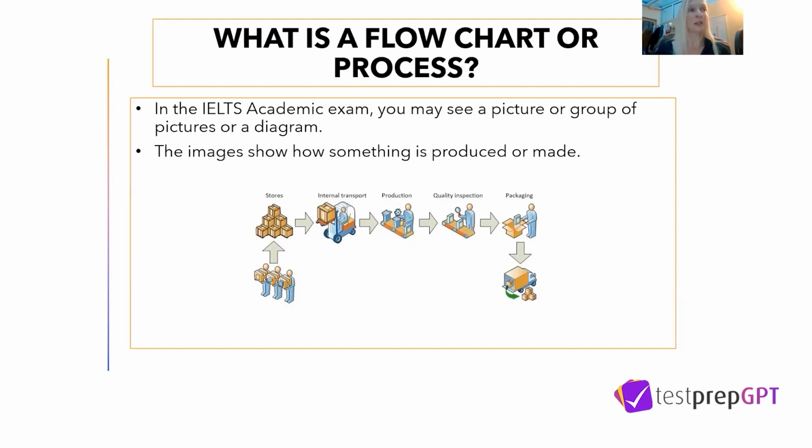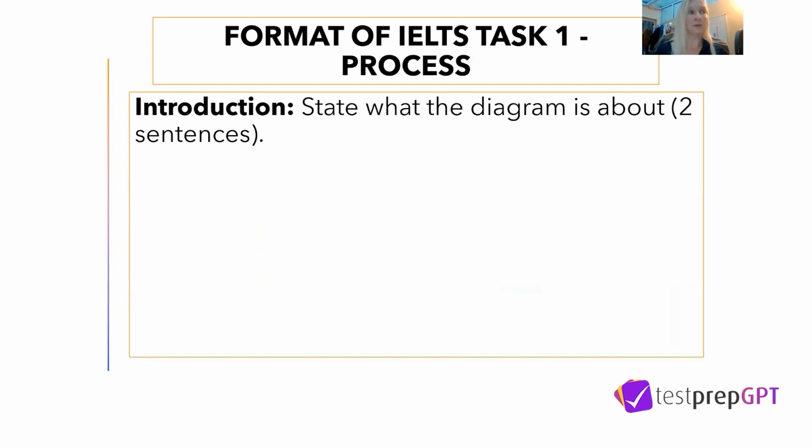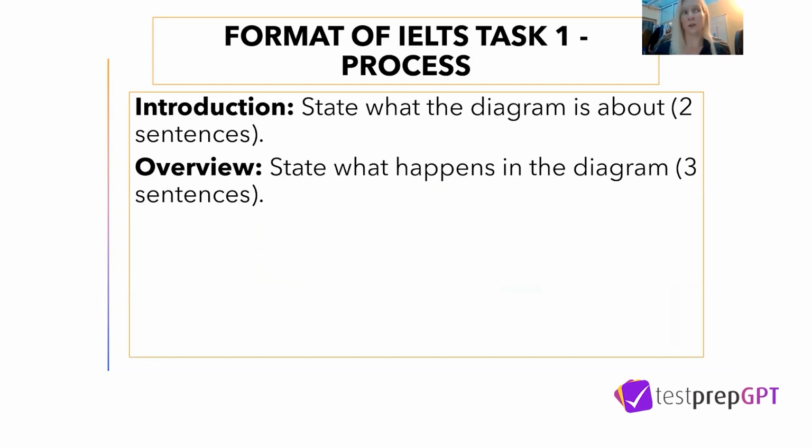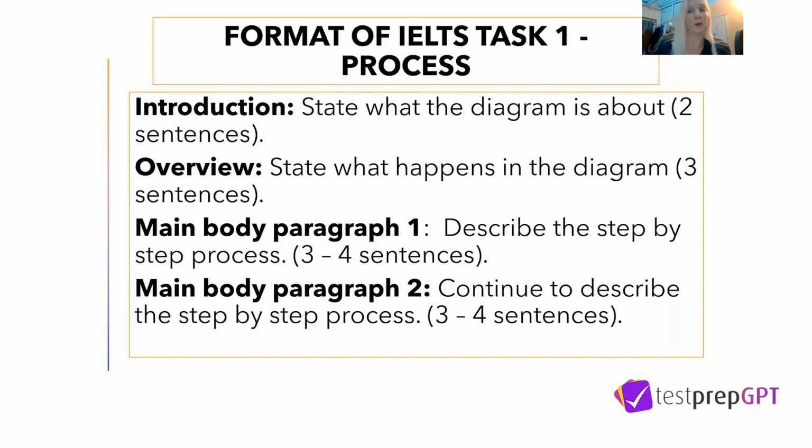Normally, the process shows how something is cooked or manufactured, prepared. It might be an industrial process, a factory process, something like that. So that's what you can expect. In terms of format for task 1, we have an introduction, normally 2 sentences, a 3-sentence overview, and main body paragraph 1, main body paragraph 2.